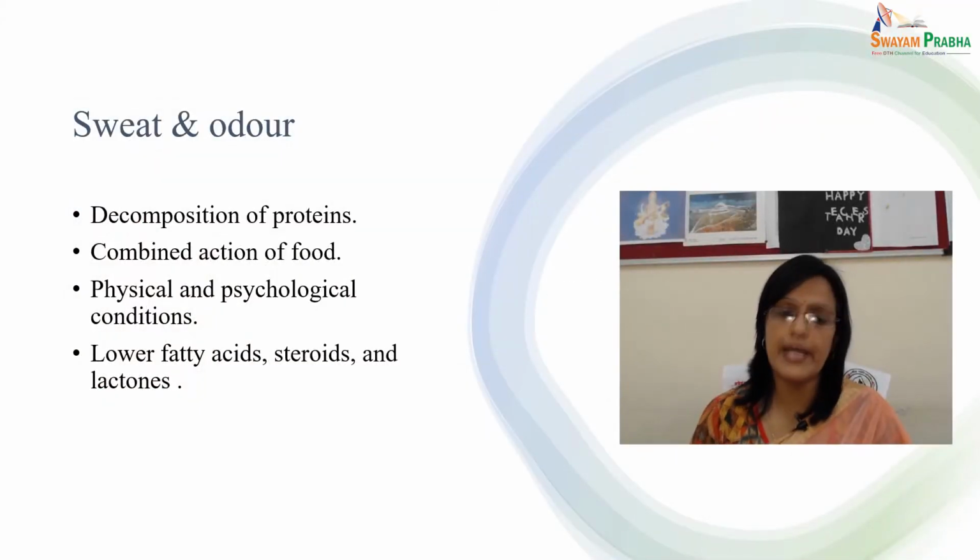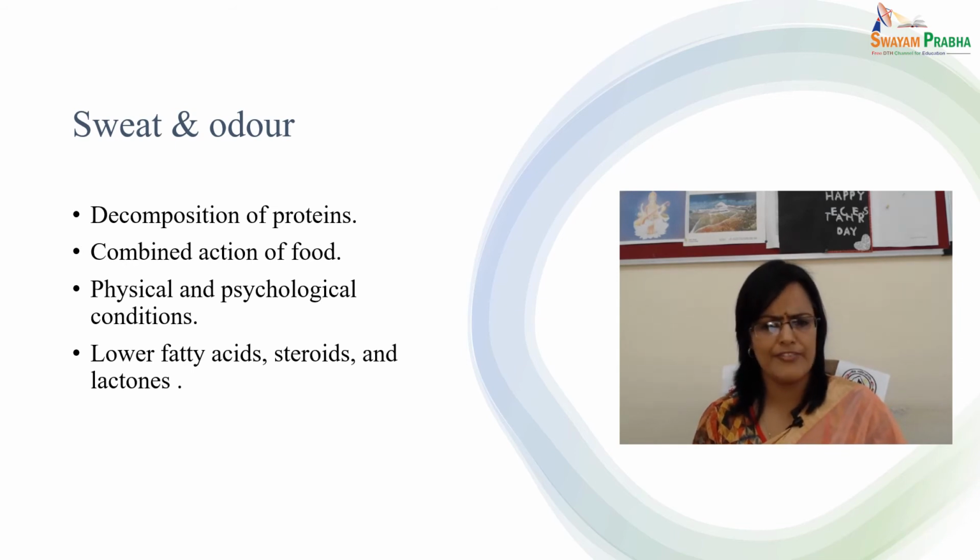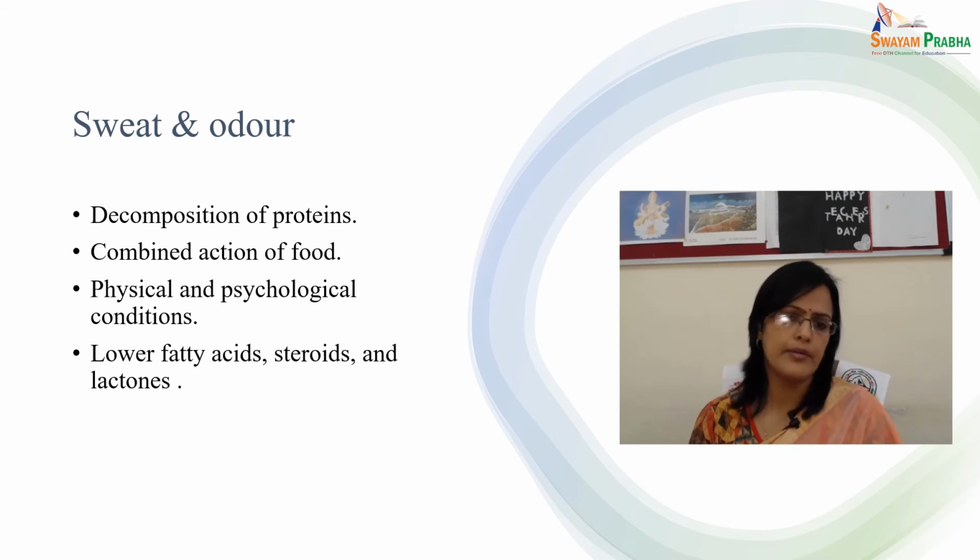As I said, sweat itself is odorless. So what are the reasons behind the unpleasant odor? Decomposition of proteins, combined action of food and physical and psychological conditions, lower fatty acids, steroids and lactones. These are a few conditions which make the unpleasant odor, depending on the individual's condition.